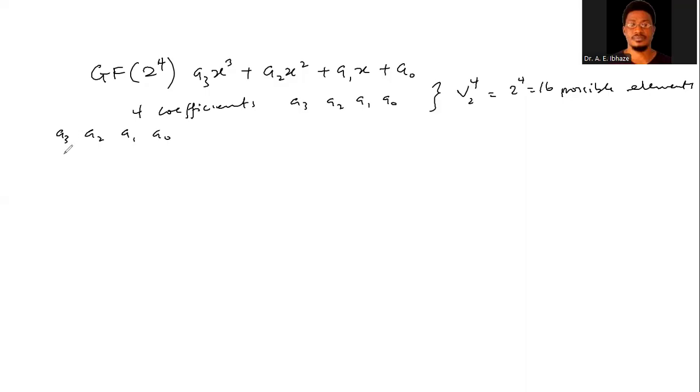And we know we have 16 possibilities, so this would be 2 to the power of 0, 2 to the power of 1, 2 to the power of 2, 2 to the power of 3, right? Good.